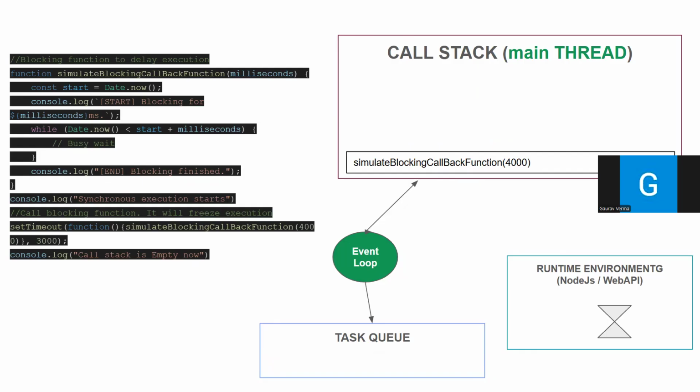You are getting an impression that this function is executing in parallel. But no, this is not executing in parallel. It was residing in a task queue and it was waiting until your call stack is empty. All the code gets executed, then in the last it would be executing.